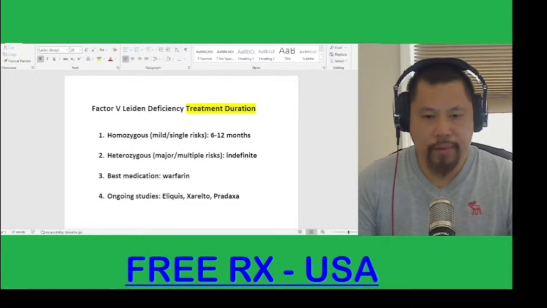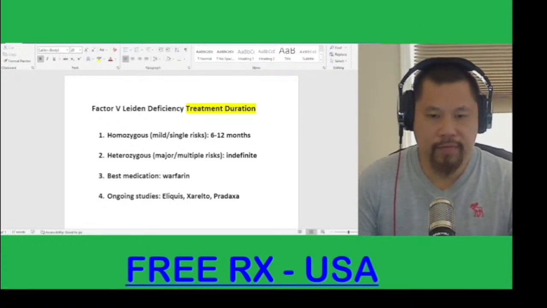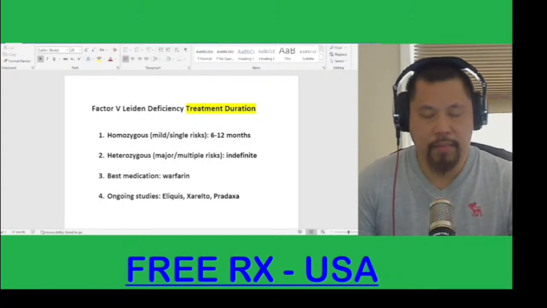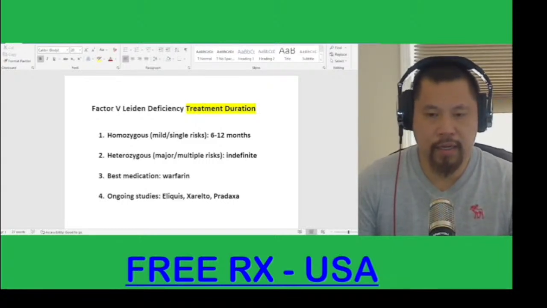The second type of factor V Leiden deficiency is heterozygous. It's multiple risks of having blood clots. If you are diagnosed with this type of factor V Leiden deficiency, you may need a blood thinner medication indefinitely, regardless of having a blood clot in the past.